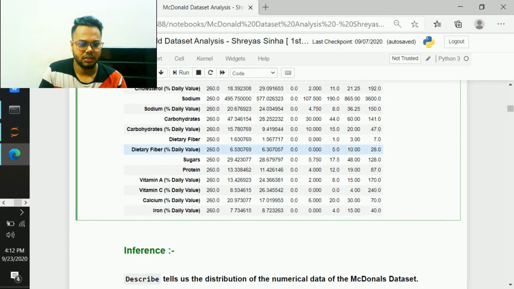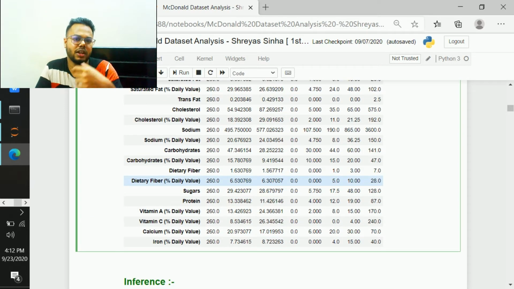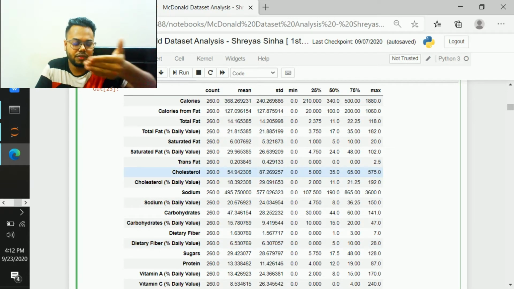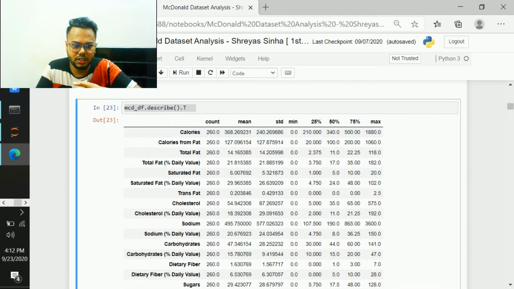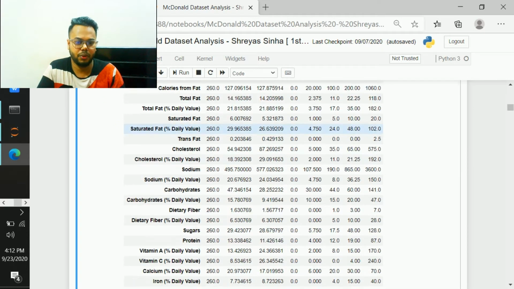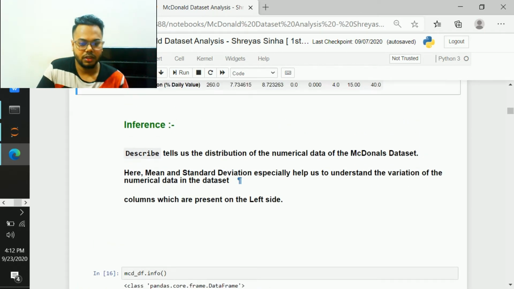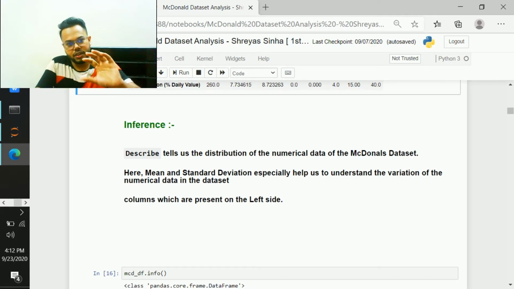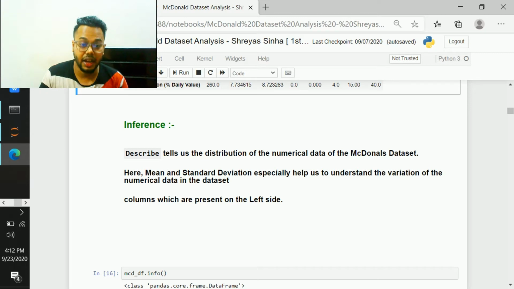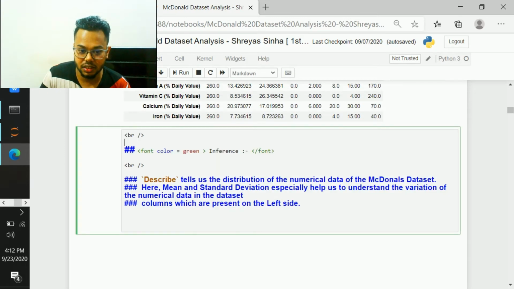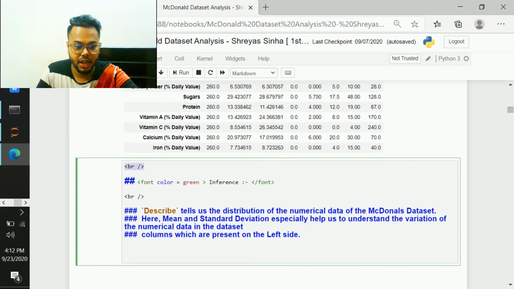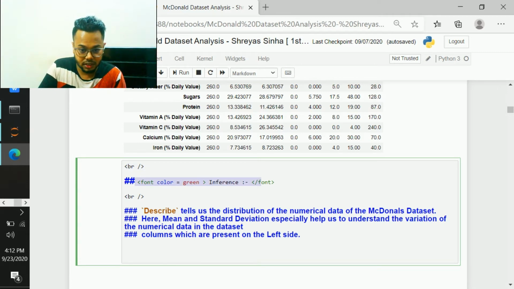I also have a look at the number of values; the count is important for me, the mean is important, the standard deviation is important. For every code which I've used, I have also given the inference. Again, the spacing is something important. I have used a break line, and then I have colored the inference in a particular way.